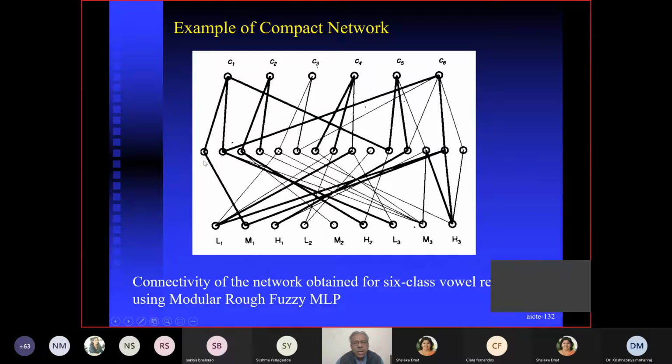That means all the links which you would have required if you had developed one simple network for the 6-class problem. This is the connectivity of the network obtained for the 6-class problem using the modular rough fuzzy network. Look at this one. This link is grown, but after that nothing grew, so it is basically useless. This is a nice example.